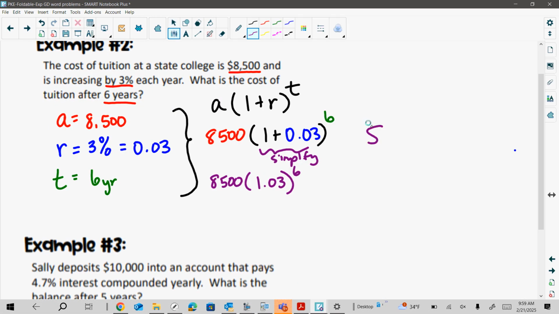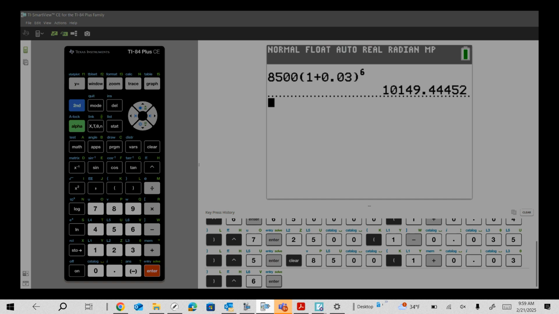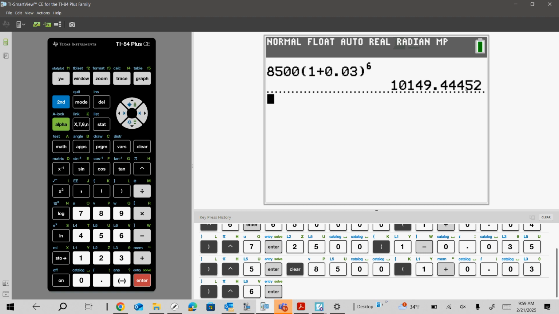It is $10,149.44. No, it's 45 because there's another 4 here, and that wouldn't round the cent up. It has to be 5 or more in the thousands place right here. Okay.